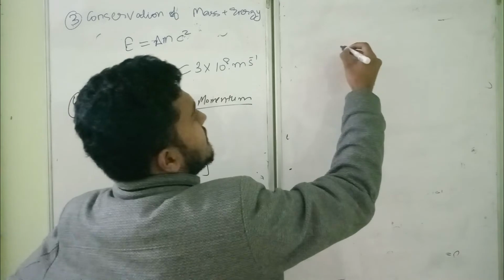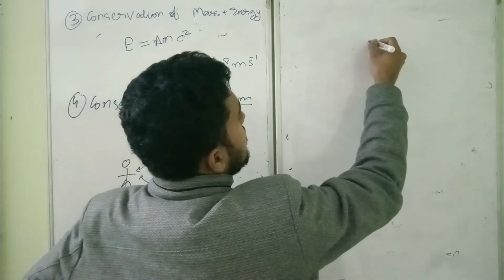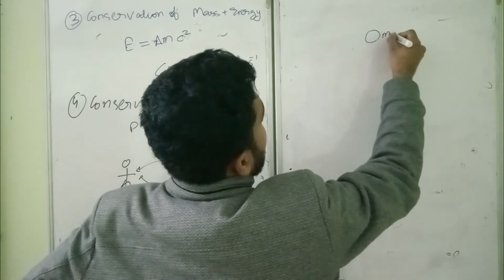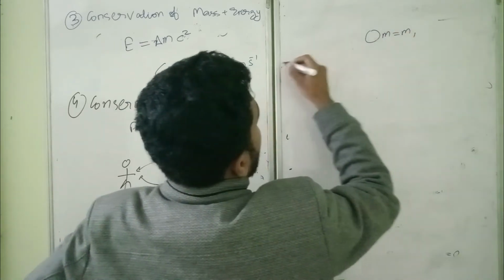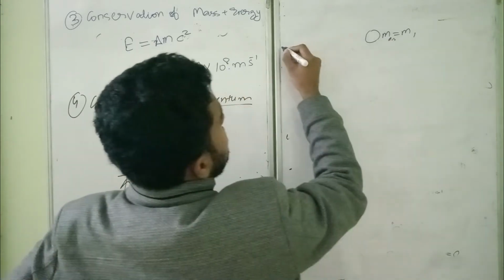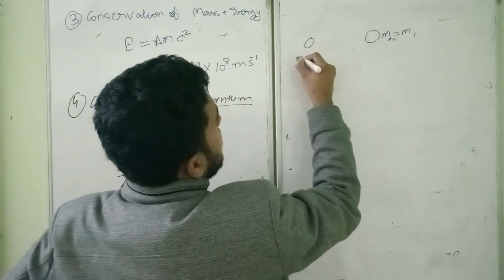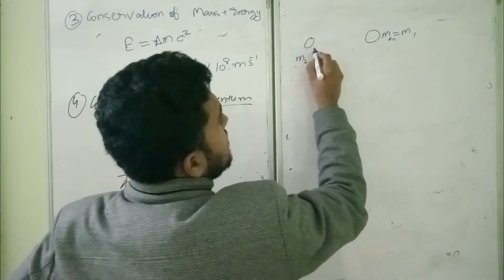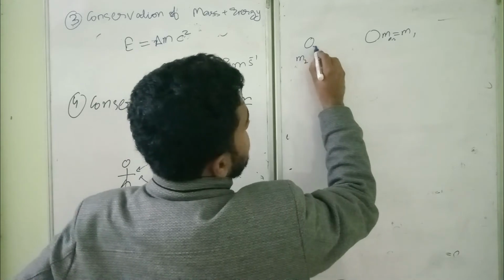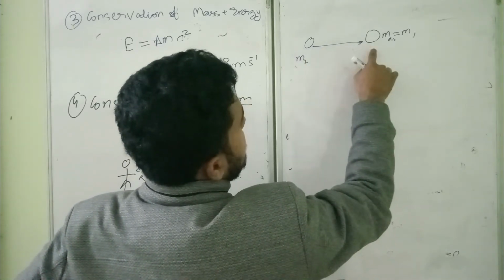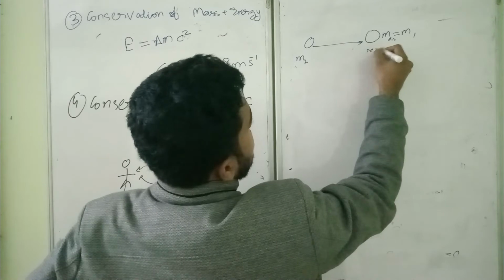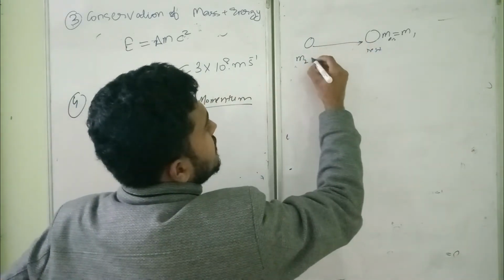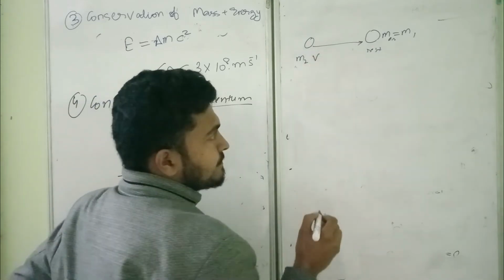So for example, if there is this marble having mass m1, and there is this marble having mass m2, and you throw this marble toward this marble, and this marble was at rest, you have thrown this marble toward this marble with velocity v.